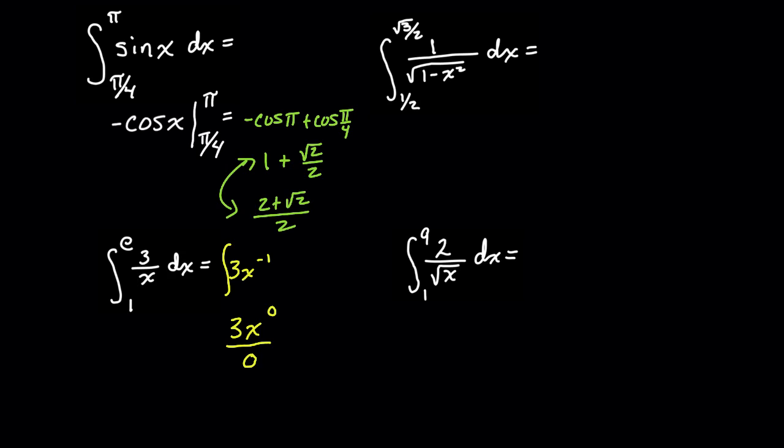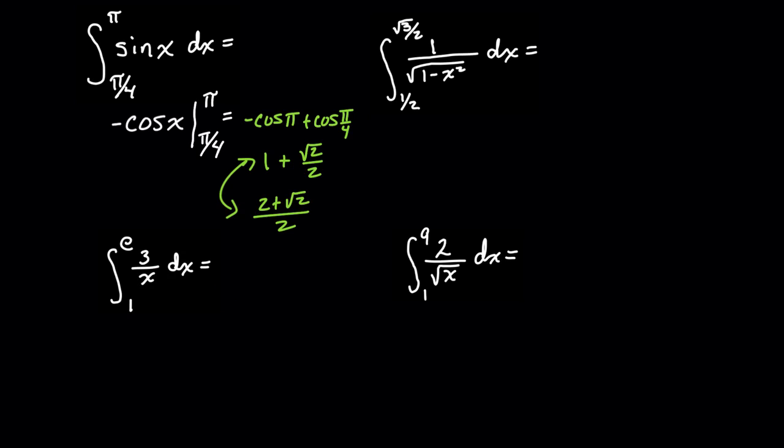Well, you see there's a problem here because you cannot divide by 0. So this is not the correct way to work this particular problem. Whenever you have a situation where your denominator is your variable raised to the first power, you are not going to convert it to a negative 1 power. Anytime you convert this to a negative 1 power, you're going to get that situation where you're dividing by 0.